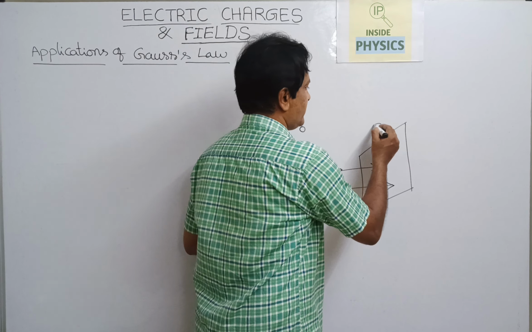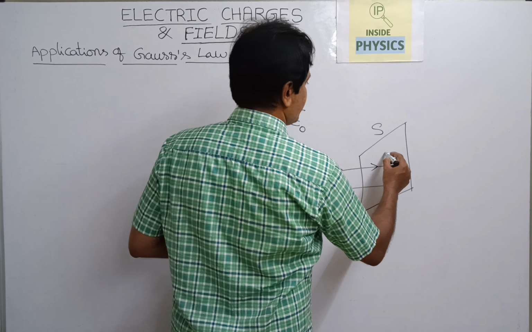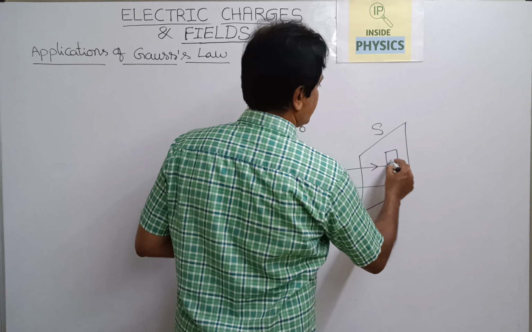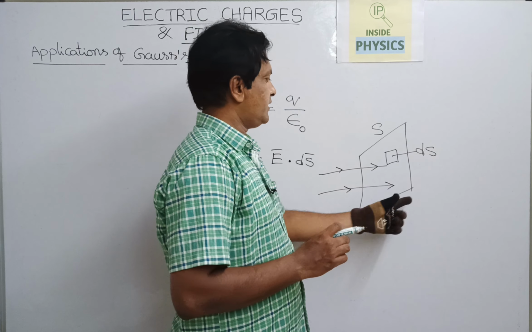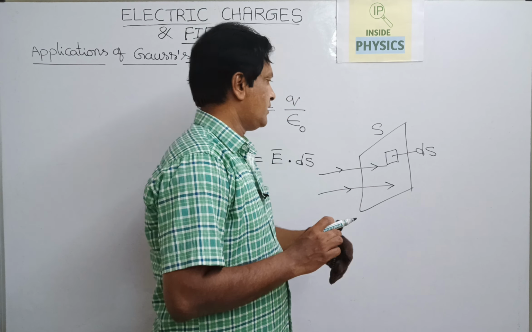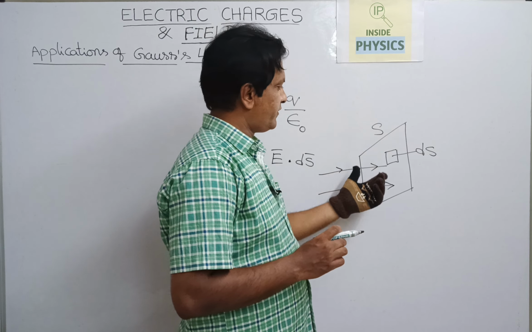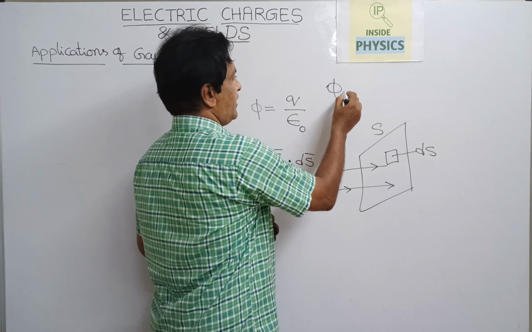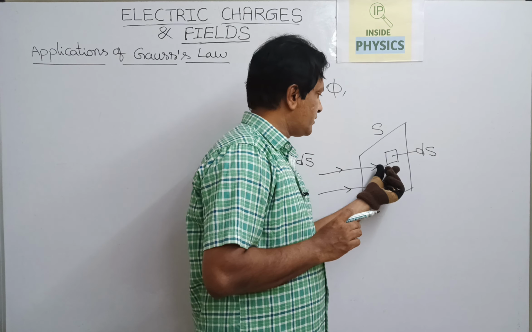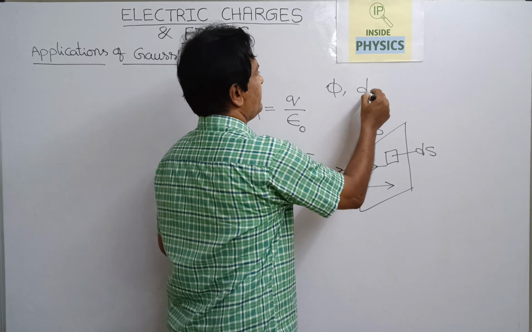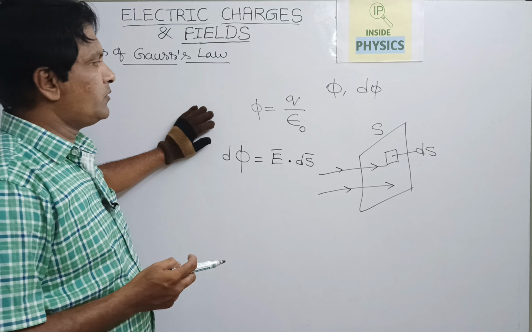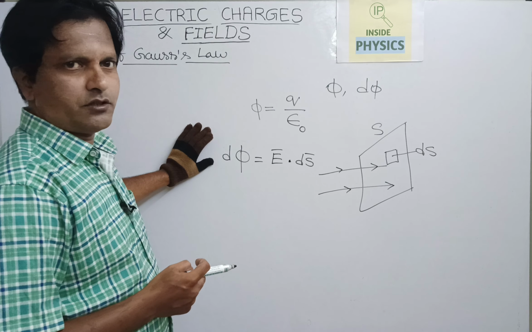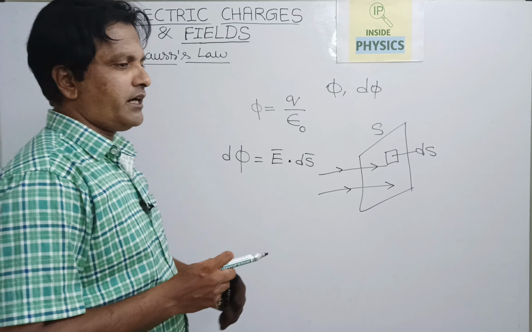The total surface area is S, and if you take a small area in this surface, this is ds. The total flux passing through the surface S is phi, and the small flux passing through this small surface is d phi.